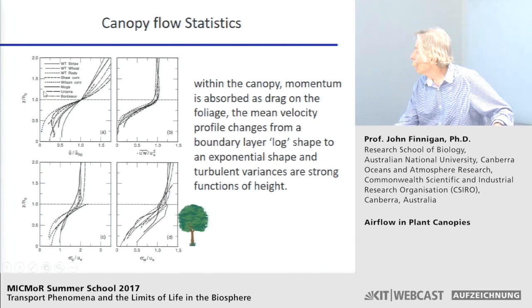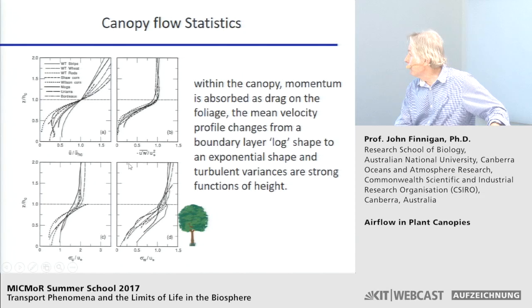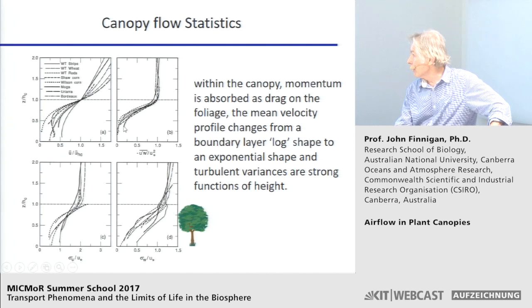So here we see the momentum flux, the uw, the downward flux of momentum from the wind into the canopy. It's pretty constant through the surface layer, and then it gets absorbed rapidly as drag on the plants, and none of it reaches the ground in these relatively dense canopies.